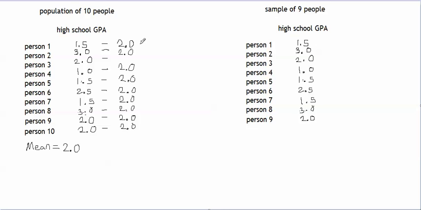First one equals negative 0.5. 1.5 minus 2 is negative 0.5.